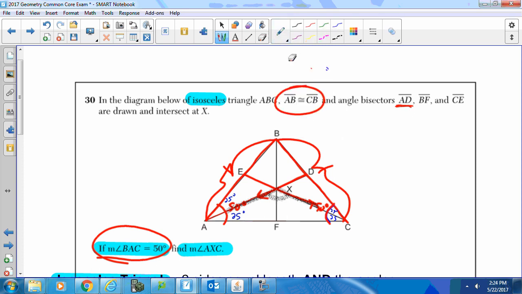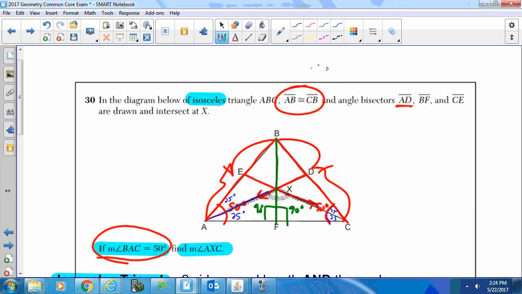Now, let's go through this and find all the things that we can find. The key is really to know that when you have an angle bisector and you have an isosceles triangle, the fact that BF is an angle bisector means that these are 90-degree angles. Now, we can go through this triangle now and start figuring out more things.